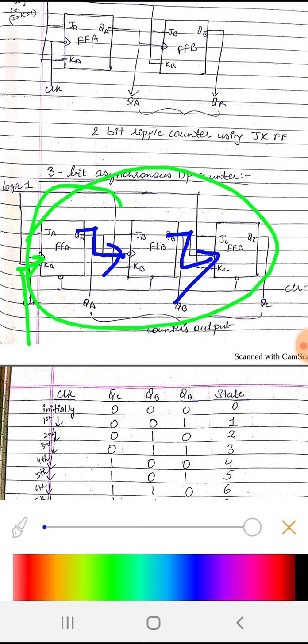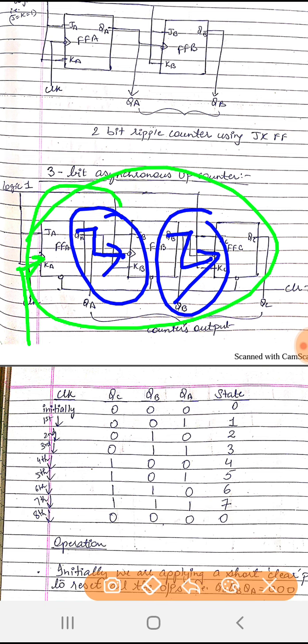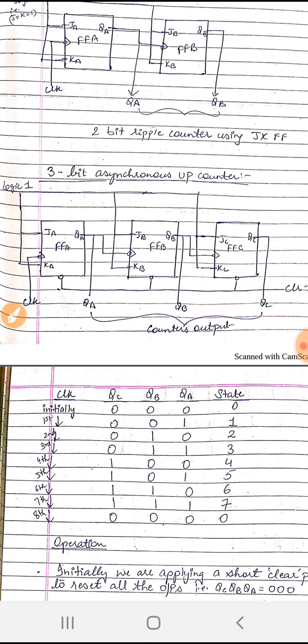We will see how we can use these intermediate clocks to convert this up counter to a down counter as well. So this is what would happen in this counter.